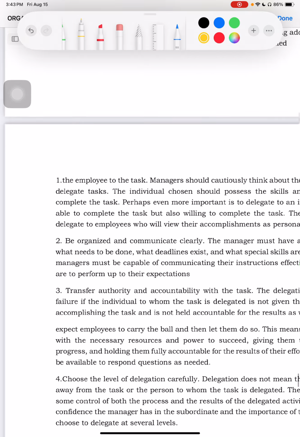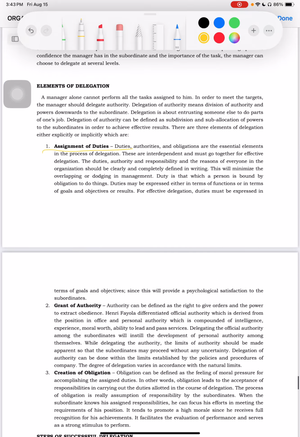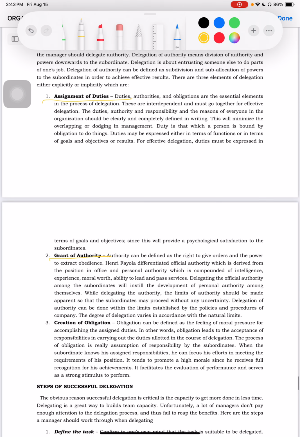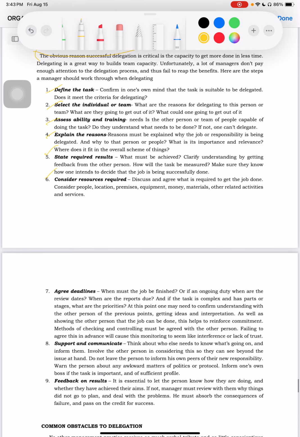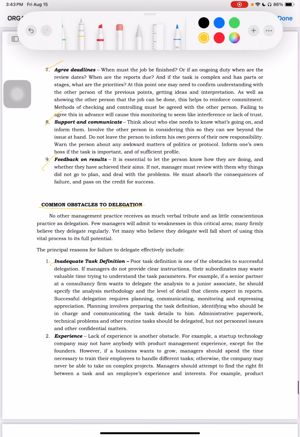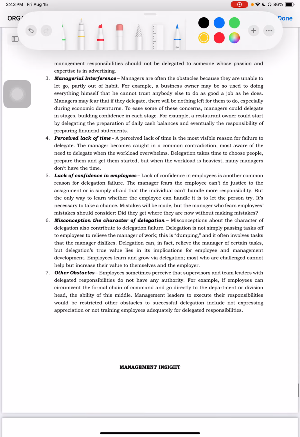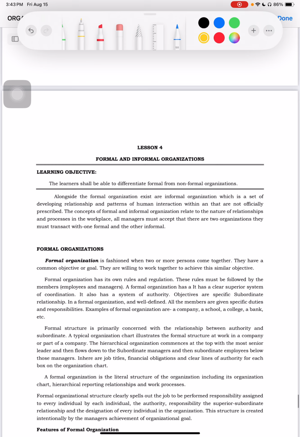That's the purpose of delegation. The elements are assignment of duties, grant of authority, creation of obligation, and steps of delegation. You read that. It will come out in the exam, from the nine-chapter book. And obstacles are the problems encountered in delegation. So you read that. It's very basic.